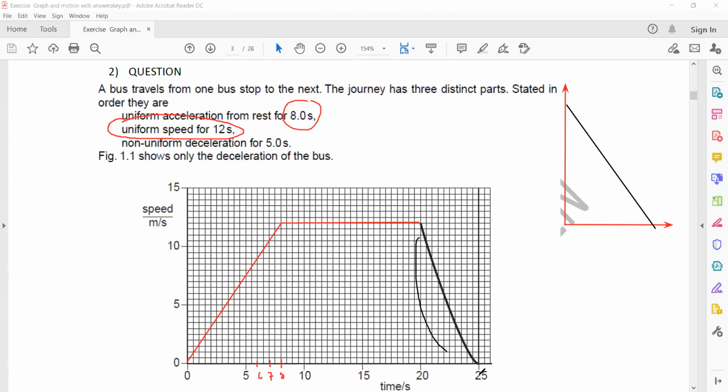The figure shows only the deceleration of the bus, which is for 5 seconds.